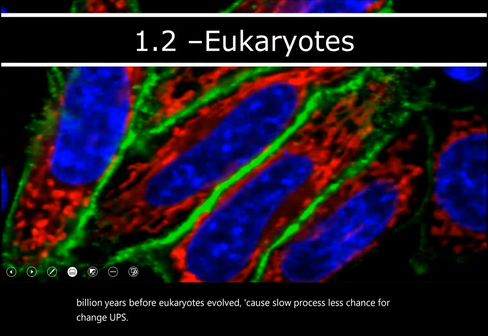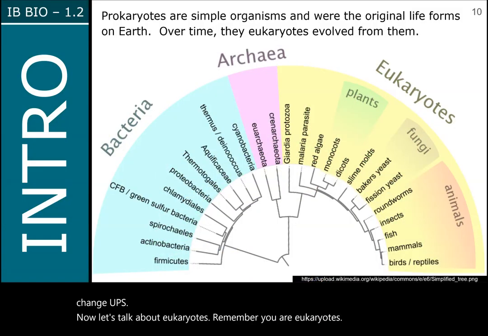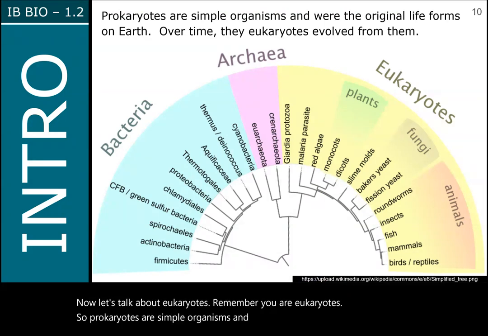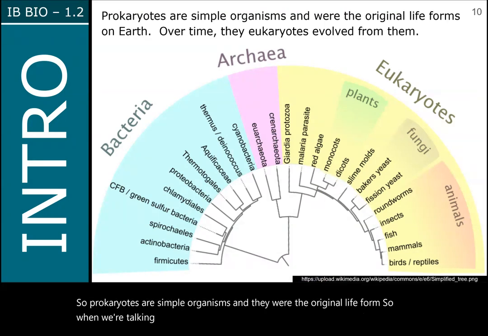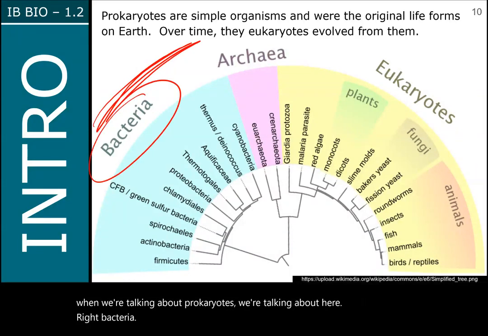Okay, so now let's talk about eukaryotes. Remember, you are a eukaryote. So prokaryotes are simple organisms, and they were the original life form. So when we're talking about prokaryotes, we're talking about bacteria. Eukaryotes eventually evolved later on.